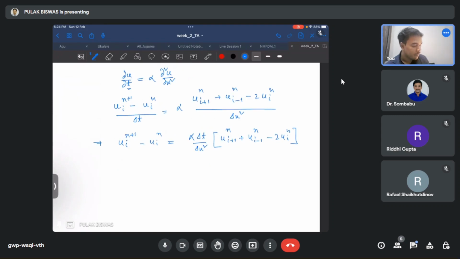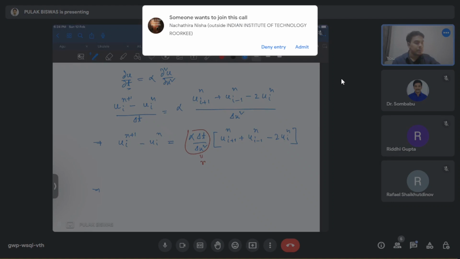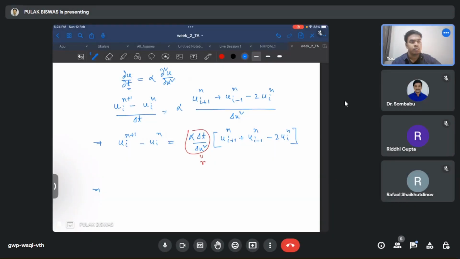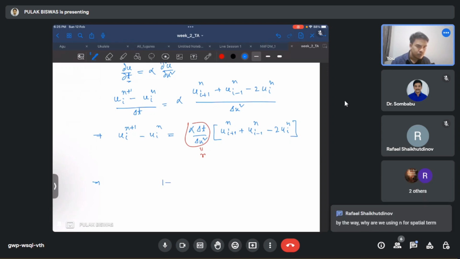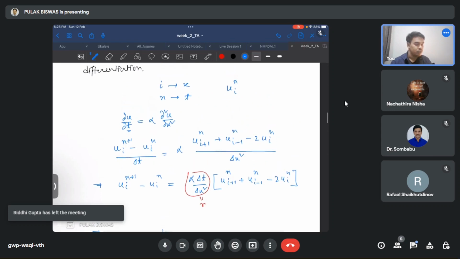Now it is rearranged into some equation, and if we assume this term as r, what is coming? 1 minus... no, n, I'm using n for time and i for the spatial position.